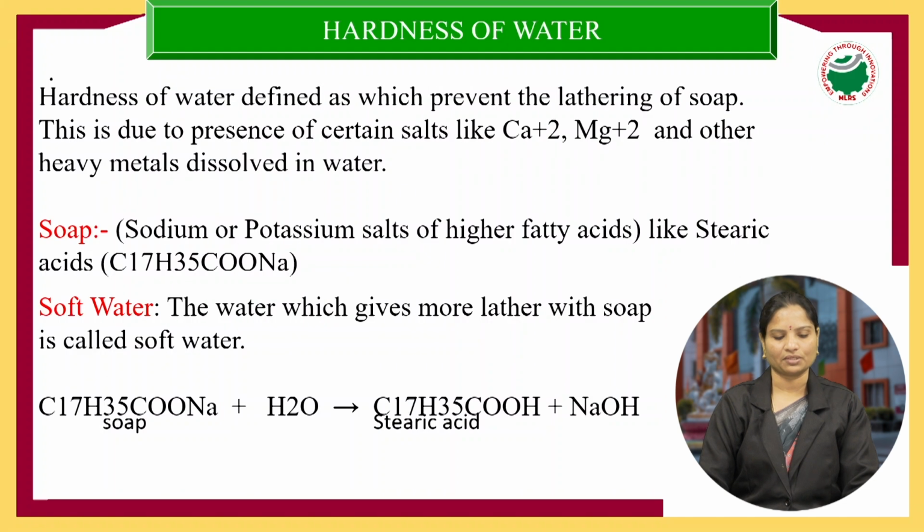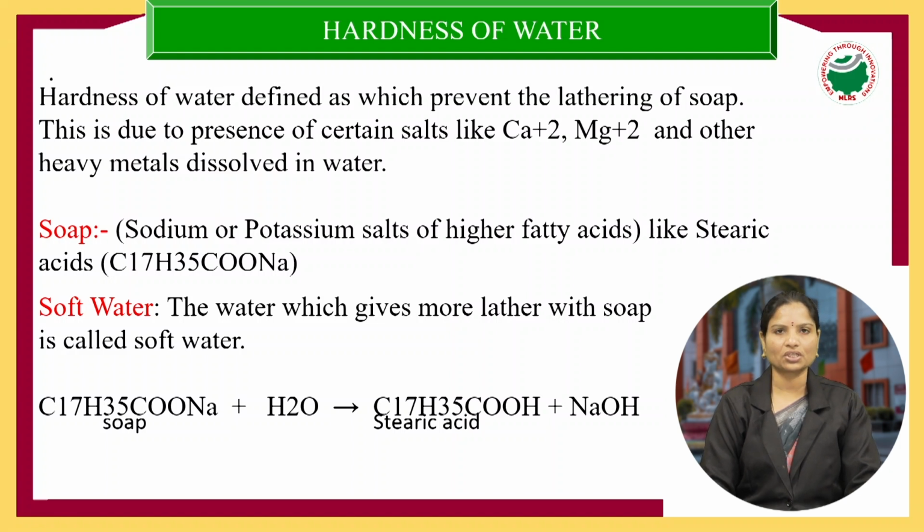Hardness of water. Types of hardness of water: there are two types. Before going to these types, water can first be classified into two types: one is soft water and the second one is hard water.